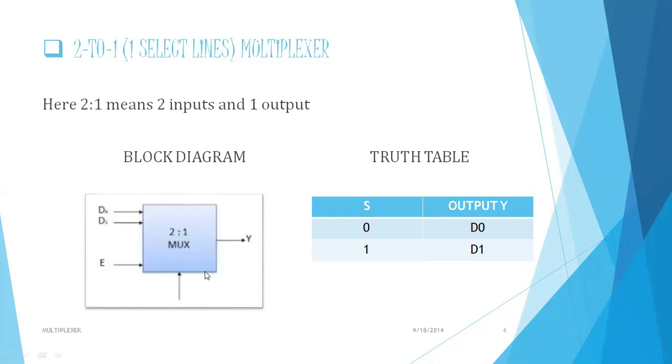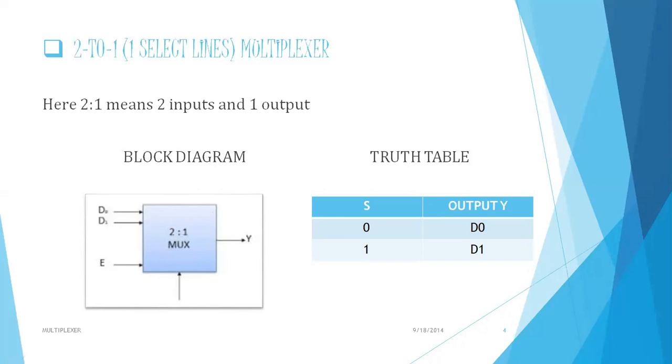If enable is equal to 1, the multiplexer is enabled. If enable is equal to 0, it is deactivated. If S is equal to 0, D0 is the output. If S is equal to 1, D1 is the output. So this is a 2 to 1 multiplexer.